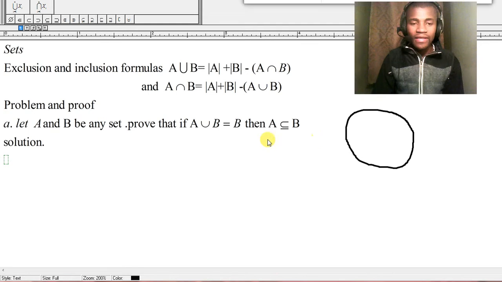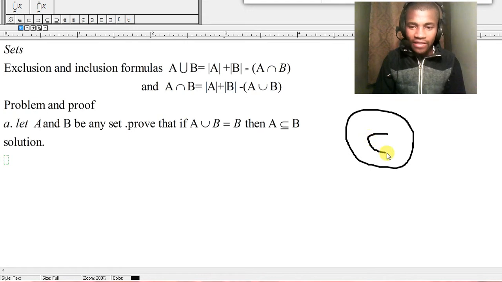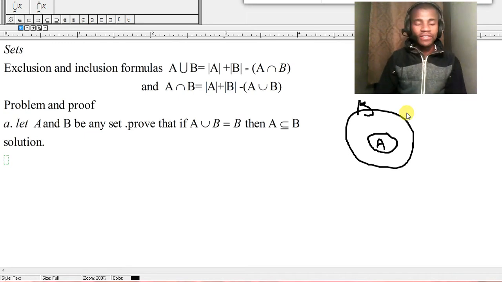They are saying A union B is equal to B. Then prove that A is a subset of B. So we should prove that A is a portion of B. It's a smaller portion taken from B, a smaller part taken from the bigger portion B. So they are assuming that this is A, taken from B, and this whole thing is B.